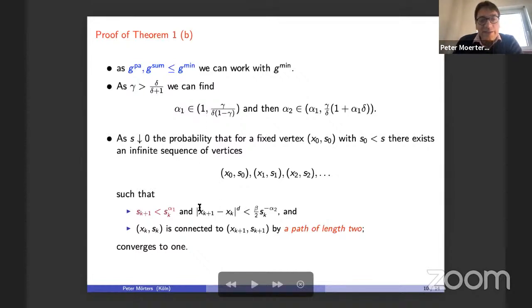And this vertex must also not be too far away.